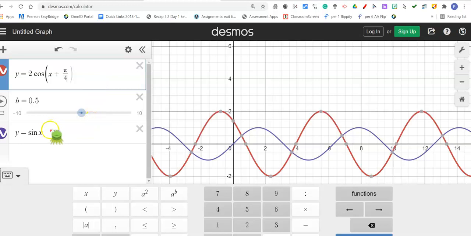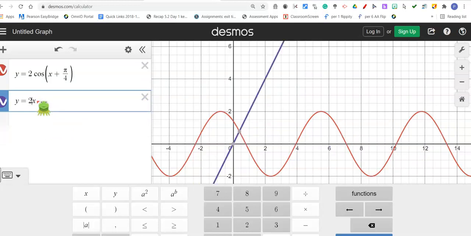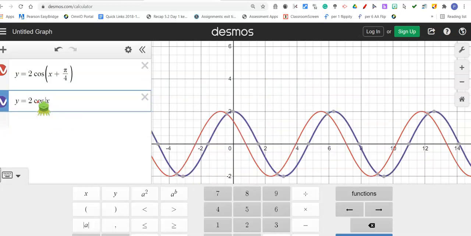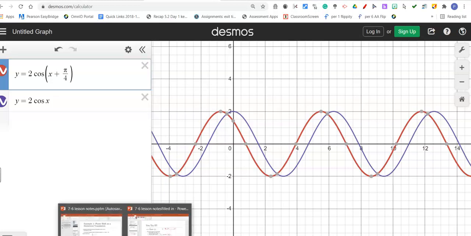And then why don't we get rid of the slider here and let's just graph 2 cosine x. So you can see the difference. So the red one is shifted pi over 4, and you can look up here too, see how it goes negative pi over 4. So it went to the left for the x values, horizontally moved to the left.